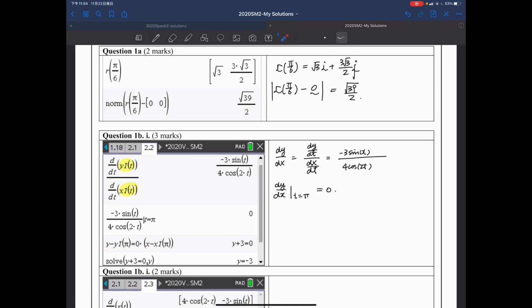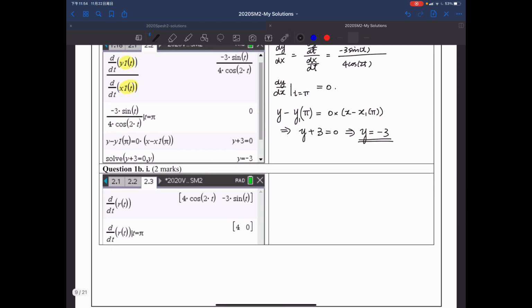So here is my step: y minus y1 of pi is the gradient times x minus x1 of pi, which means I got y plus 3 equals 0, therefore it is just a horizontal line, y equals minus 3. Easy.